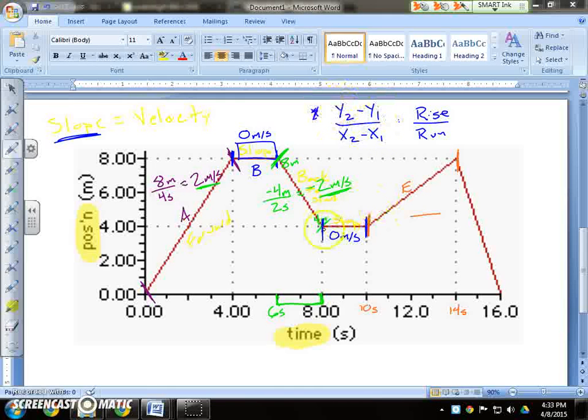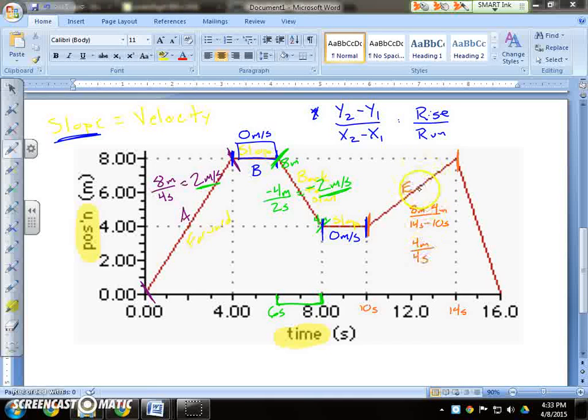Your y is, again, your change in position. So our y2 is going to be 8 meters minus 4 meters, all over the change in time of 14 seconds minus 10 seconds, which really comes down to 4 meters over 4 seconds.